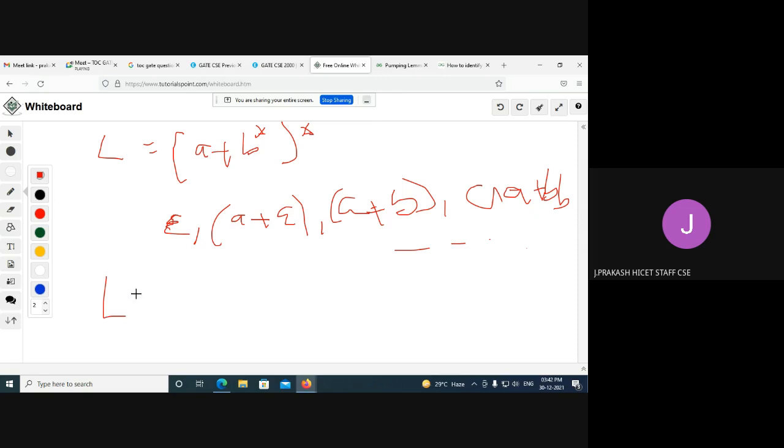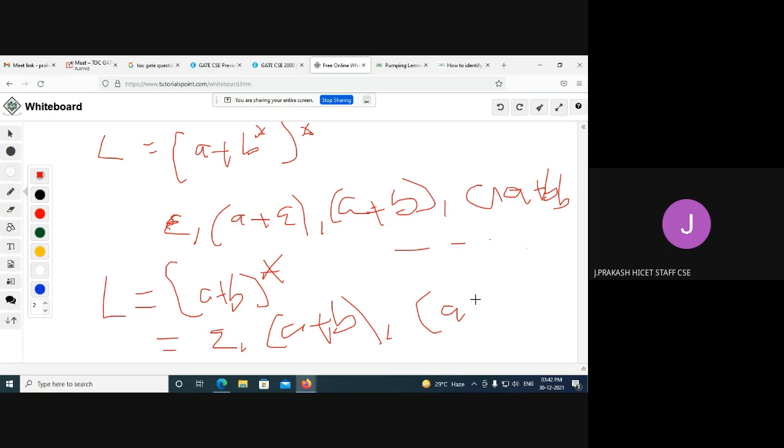Second one, L equal to (a plus b) whole star. That also gives the same meaning: epsilon, a, b, that is ab, ba, aa, bb, combinations of this. So both are equal.